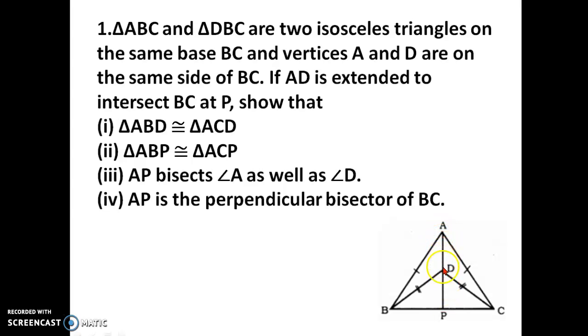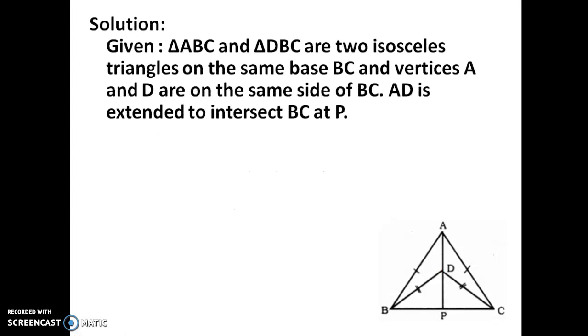AD, from here to here, this line is extended to meet BC at P. The meeting point on BC is P. We have to show now that triangle ABD is congruent to ACD. So these small triangles are congruent. Let's start solving.